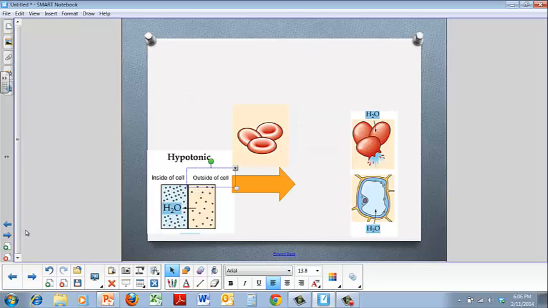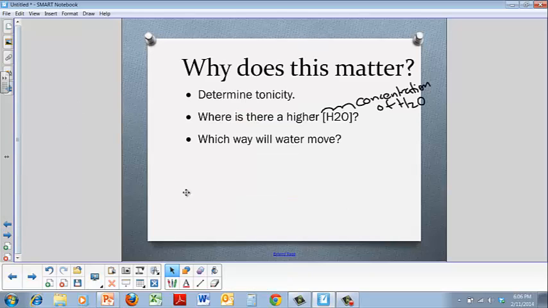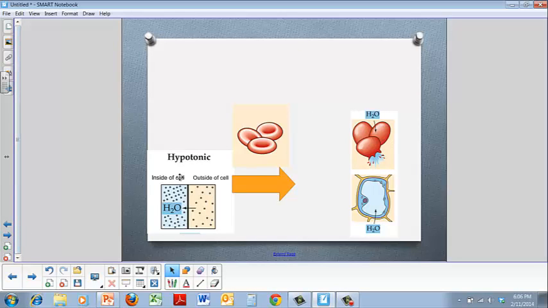Now, when we have a hypotonic solution, if we recall our vocabulary, it means that it has a low solute concentration. So the first thing we decided was that we have to determine our tonicity. We know that inside of the cell it's a higher concentration, and outside of the cell it's a lower solute concentration, because if it's a hypotonic solution, it means there is a lower concentration of solute outside of the cell.